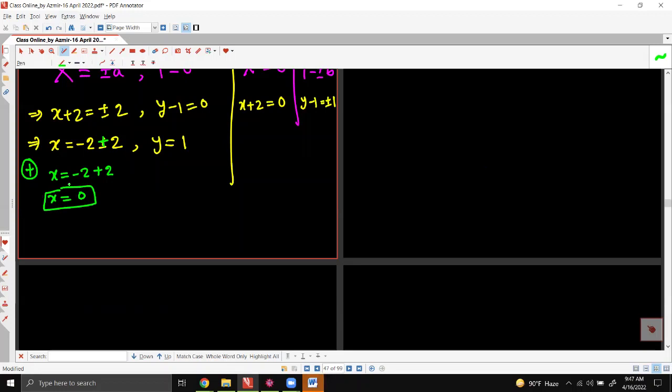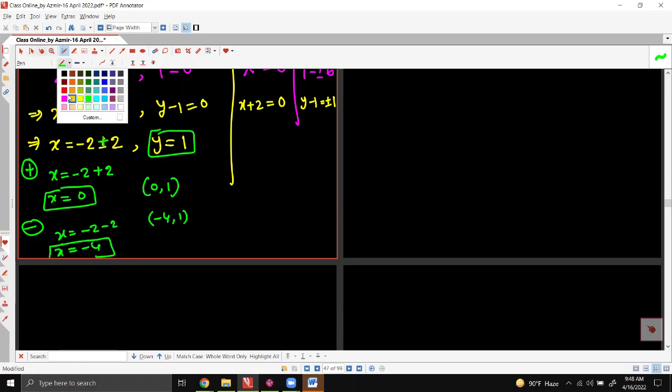So x equals 0, y equals 1 is the first point. For minus, x equals minus 2 minus 2. That means x equals minus 4. So x equals minus 4, y equals 1. This is another point. So these are the main vertices.